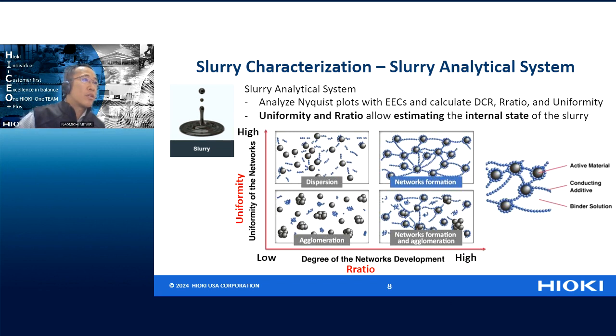So using our ratio and the uniformity values from 0 to 1, we can estimate the internal state of the slurry. So in this image, our ratio is on the horizontal axis, and the uniformity is on the vertical axis.